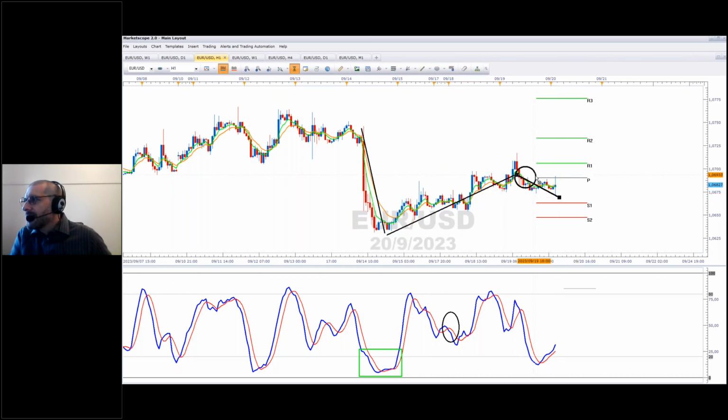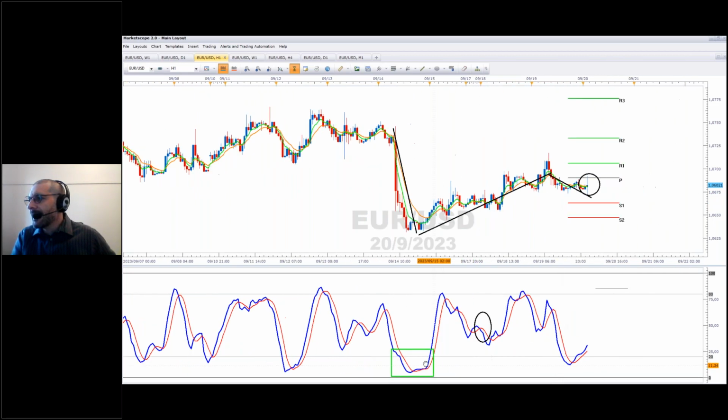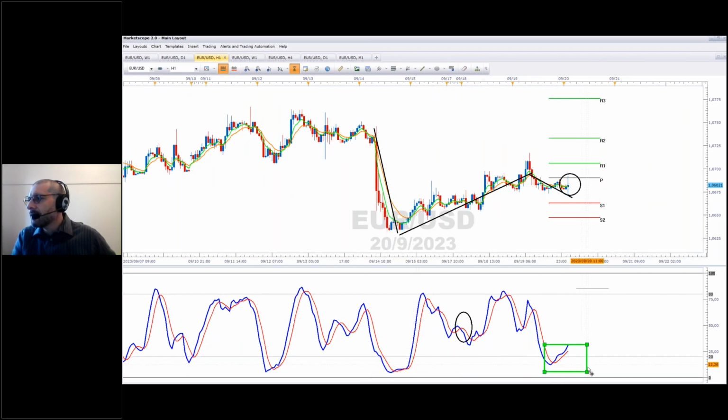What we would need to see, if there is a pickup in the US dollar, we'd need to see angle and separation to the downside with the euro. And of course, we would want to come back to the lower quintile.